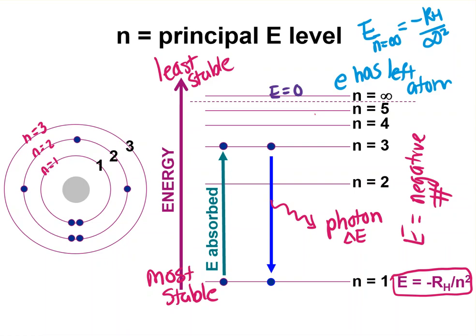And so if you accept that this number up here is 0, then these numbers have to be negative because they have less energy than this 0. It mathematically works out to where if we call this 0, which makes sense, these have to have negative numbers because they're lower energy than 0. They're more stable than that one.